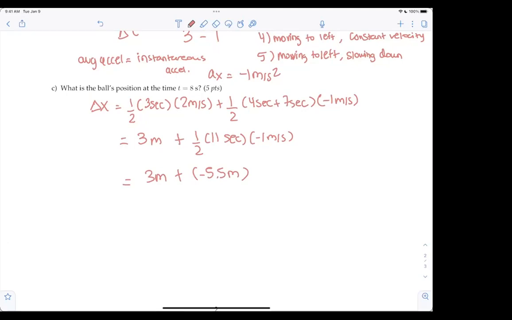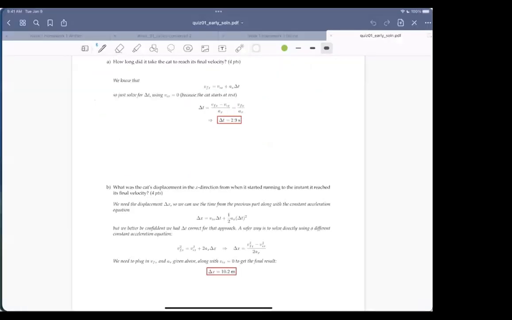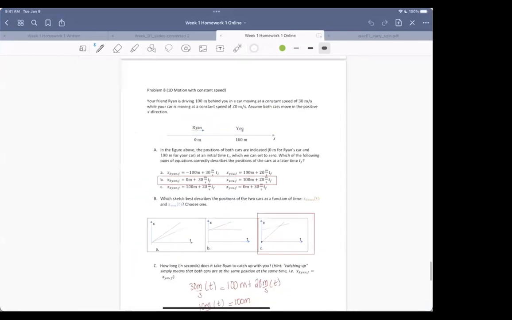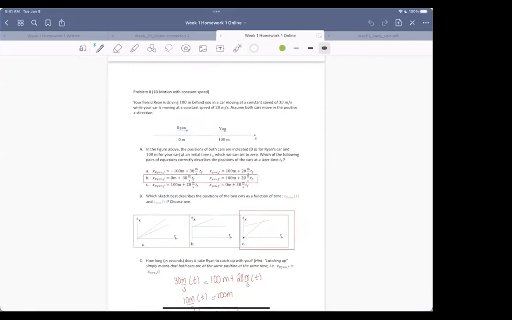Now I will just move on real quick to this problem that I want to highlight. Hopefully you guys can see this on the screen here. You should see problem 8. This is the online homework that I had.